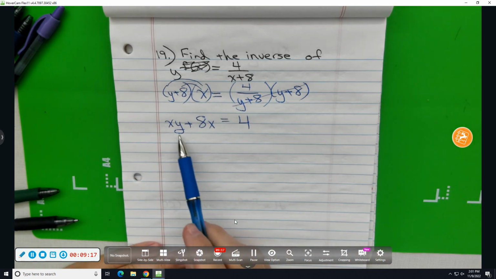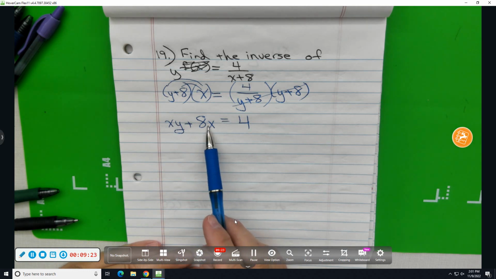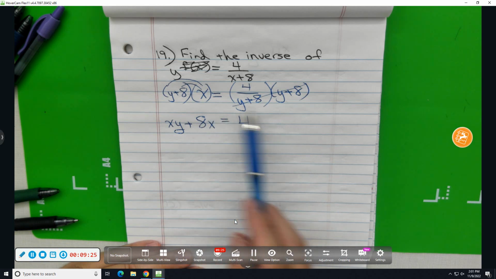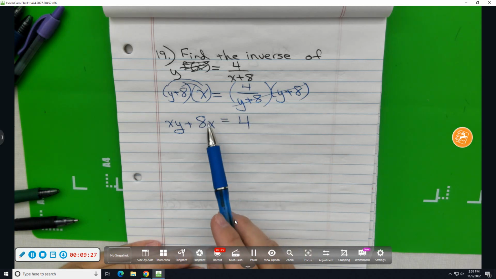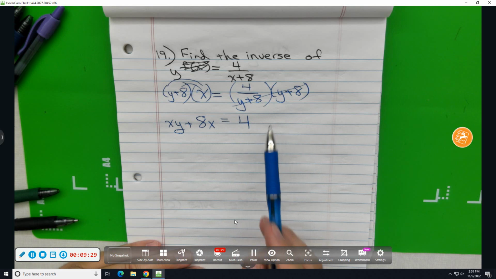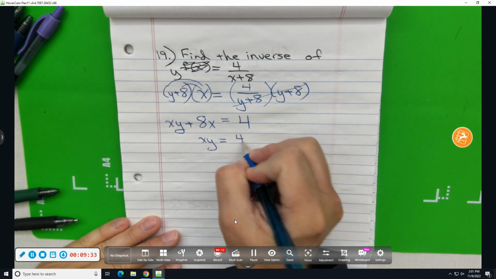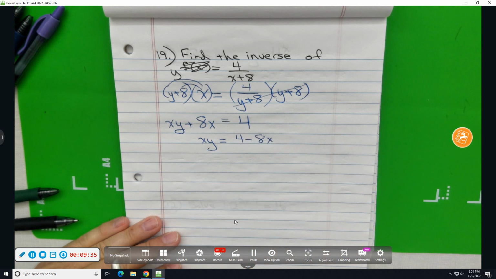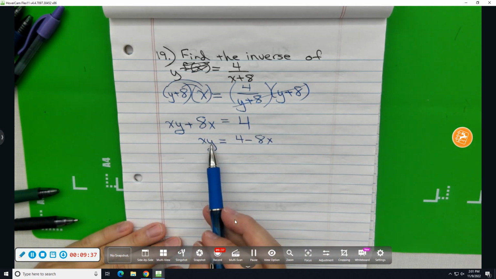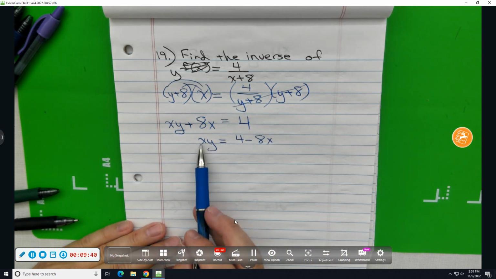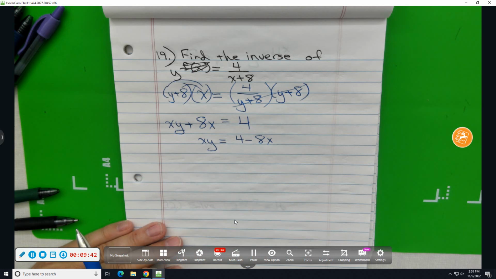We're trying to solve for y, so what should we do next? I agree. We'll move the 8x. I see someone doing this little motion. Yes, we're going to move the 8x over to the right-hand side. So we have xy is equal to 4 minus 8x. And then x times y, what would undo that multiplication?